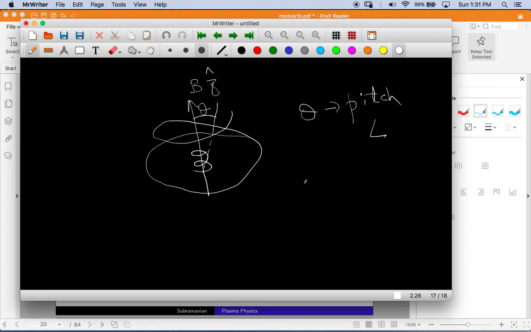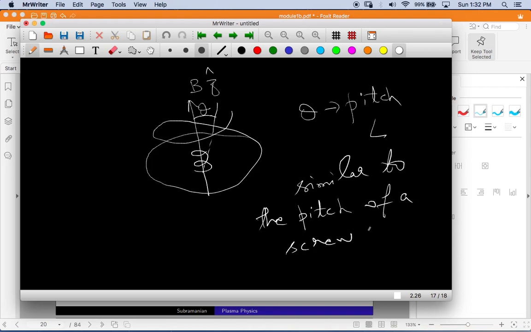It's similar to the pitch of a screw. How, for one turn of a screw, you have a screw, for instance, with a pointed tip, and you have several engravings.